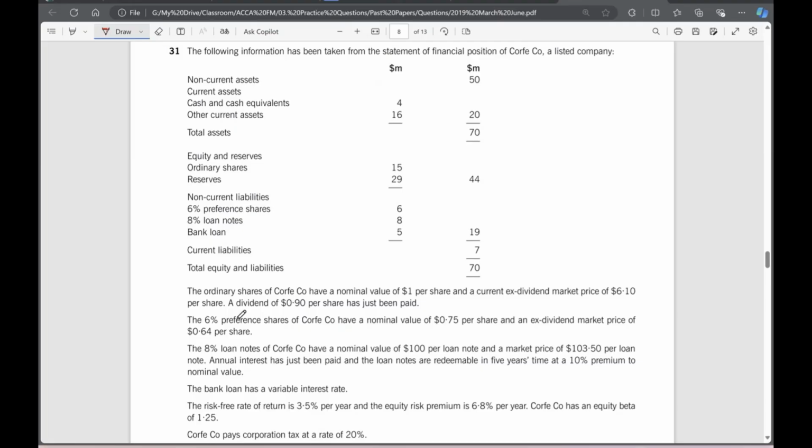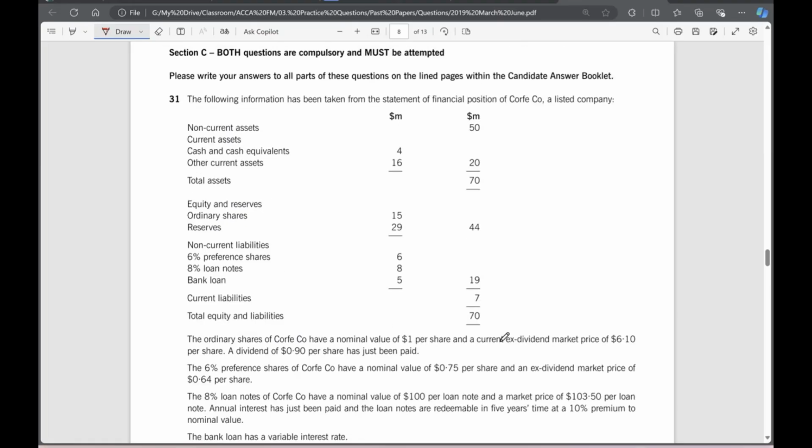Okay, so first of all, let's go for the ordinary shares we have. Now he doesn't give us the number of shares, right? So we need to go with the equity value. This is the share capital value, $15 million.